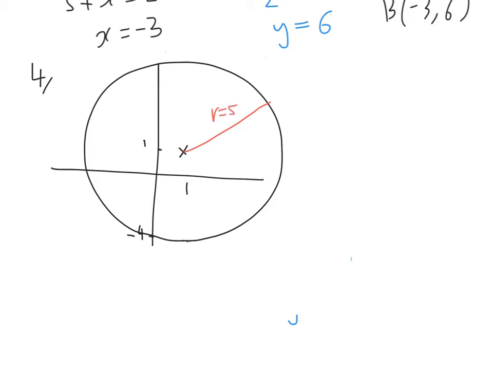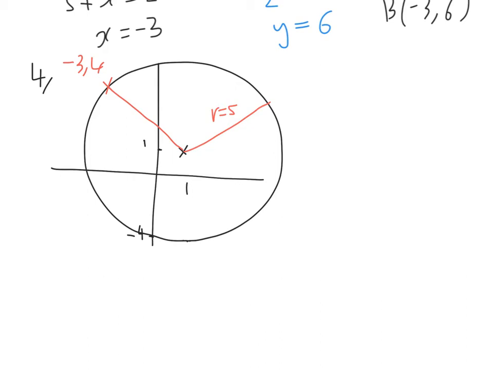So if you go out in any direction to any point on the circumference, that distance should be 5. So if the distance from 1, 1 to the point they talk about, which is -3, 4, is 5, then I've drawn that correctly.